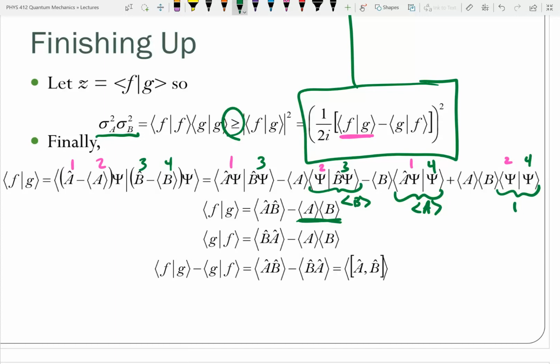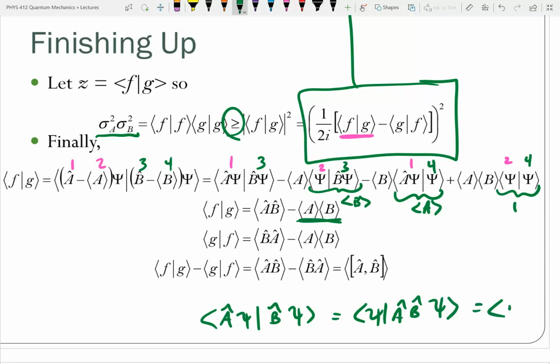And then this here, once again, using the definition, it's a pretty straightforward identification.